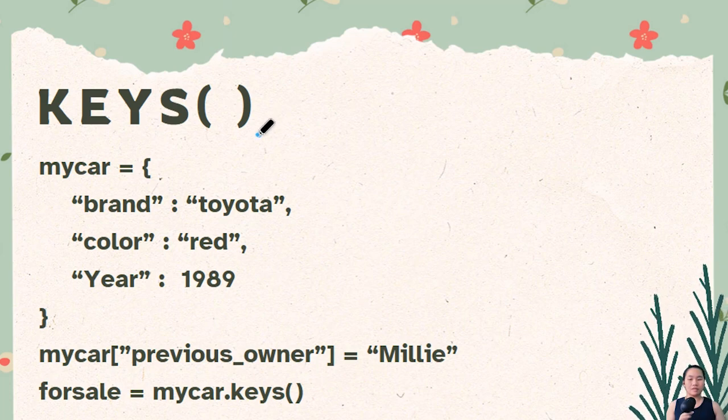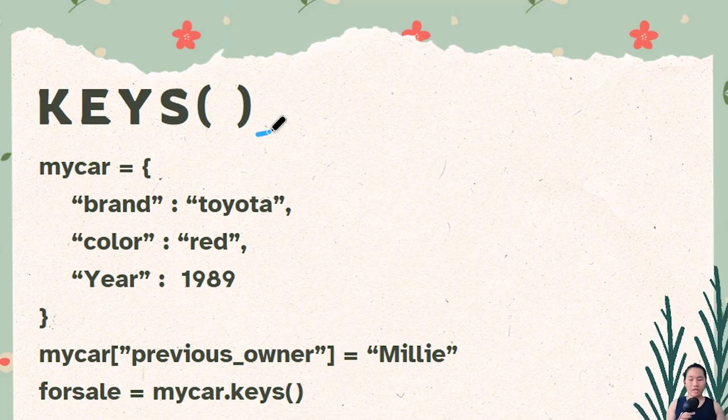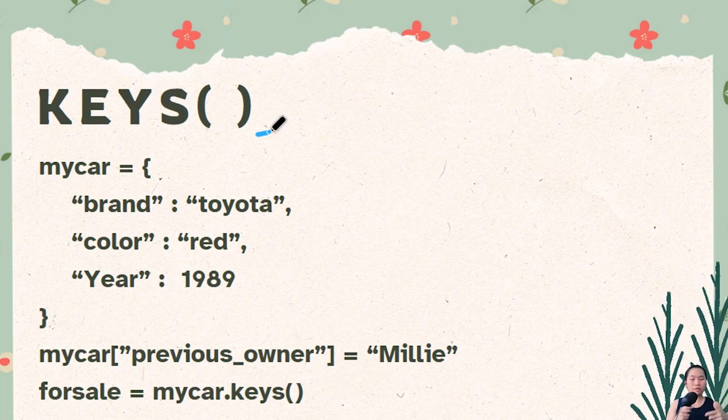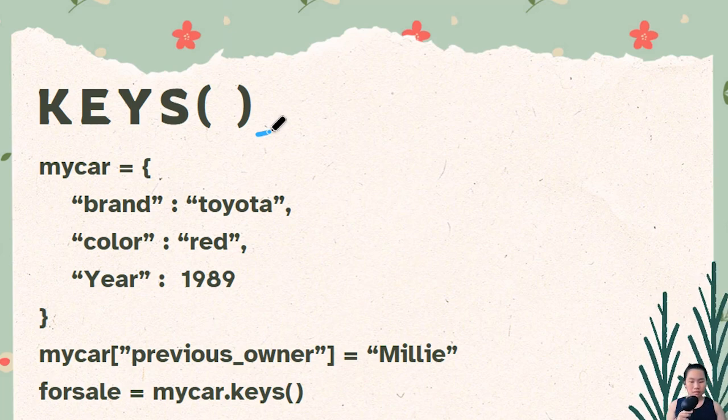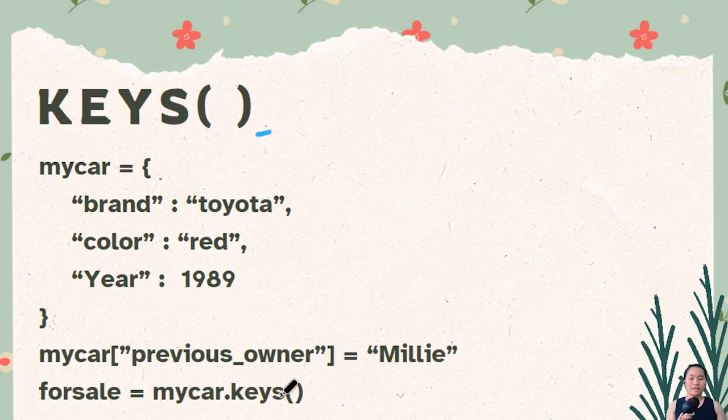Next up is keys. Once again, we have our my car dictionary. Now, I want to give you a disclaimer with keys, values, and items. They always update, all right?